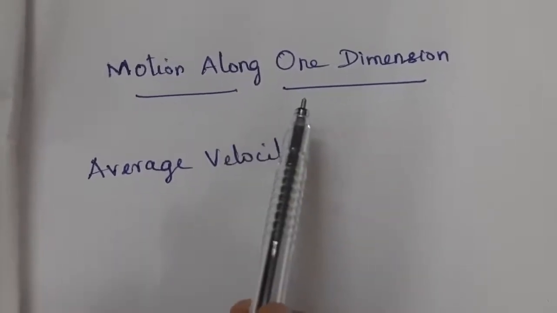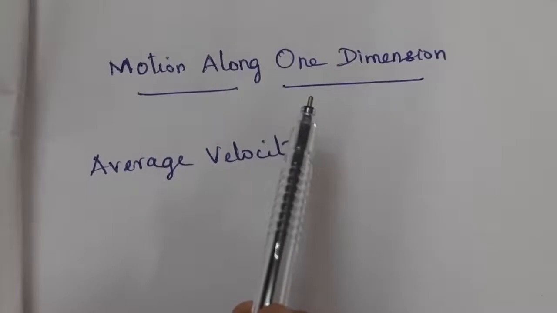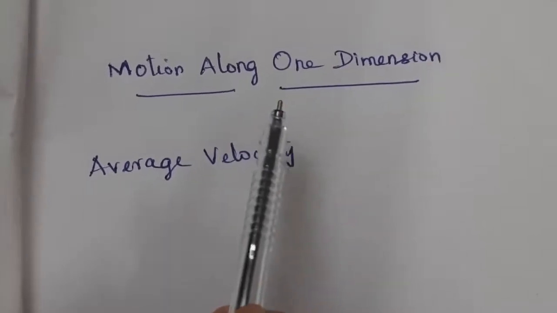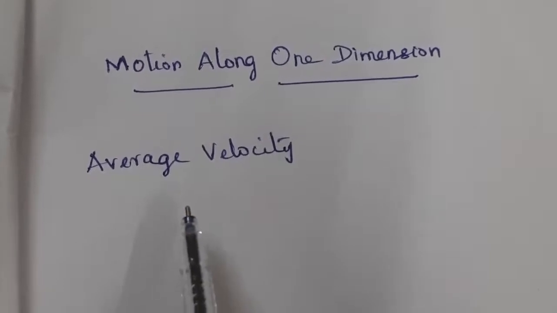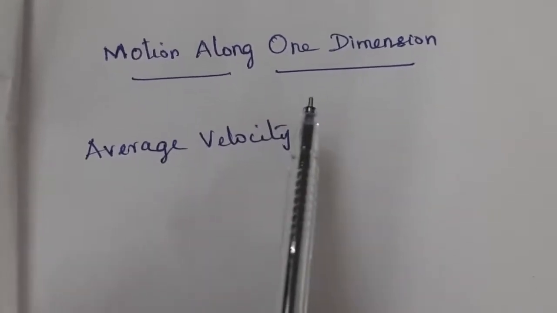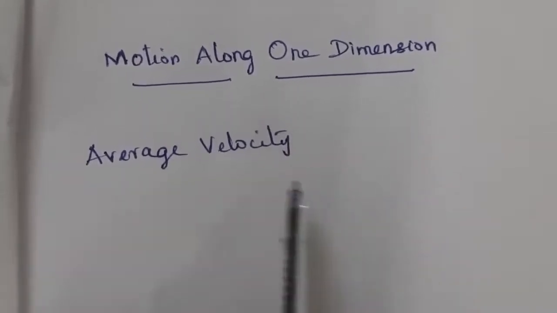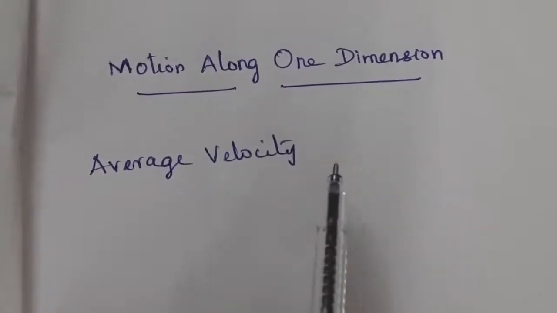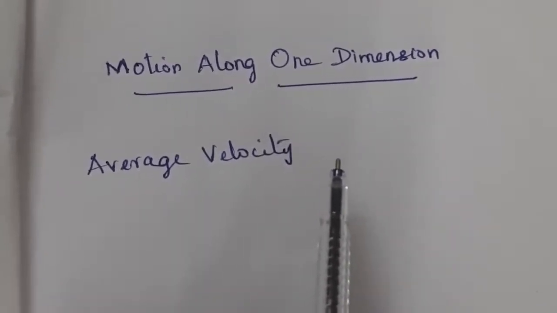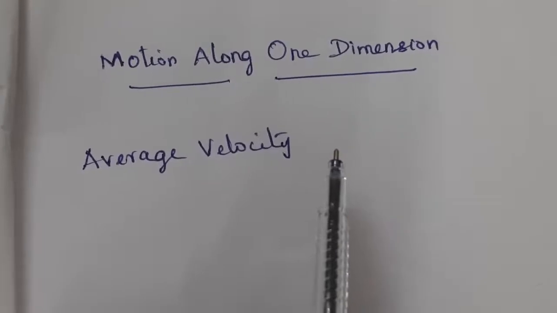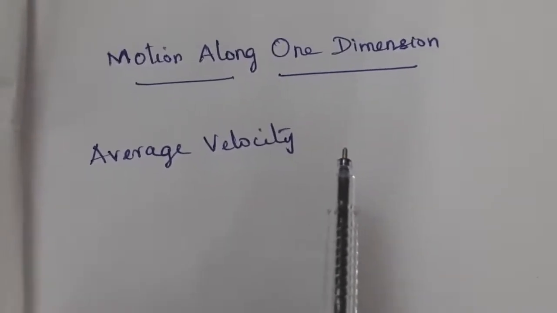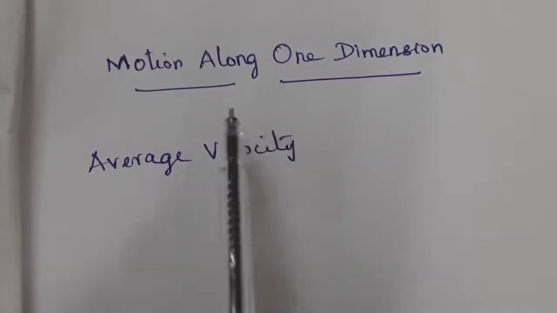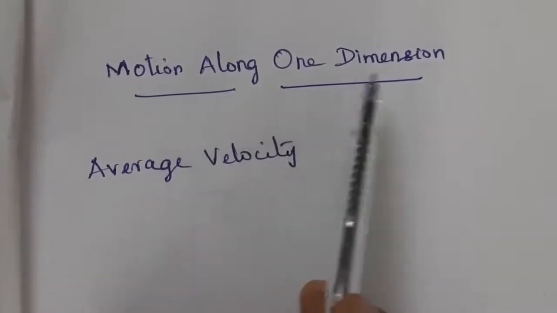That is, only one of the three rectangular coordinates is specifying the position of the object, either x-axis or y-axis or z-axis. That is one dimension. Two dimension means it is specifying the plane, that is, two of the three coordinate axes are changing with time. Three dimensions means all three coordinates change with time. Okay. Today, motion along one dimension.